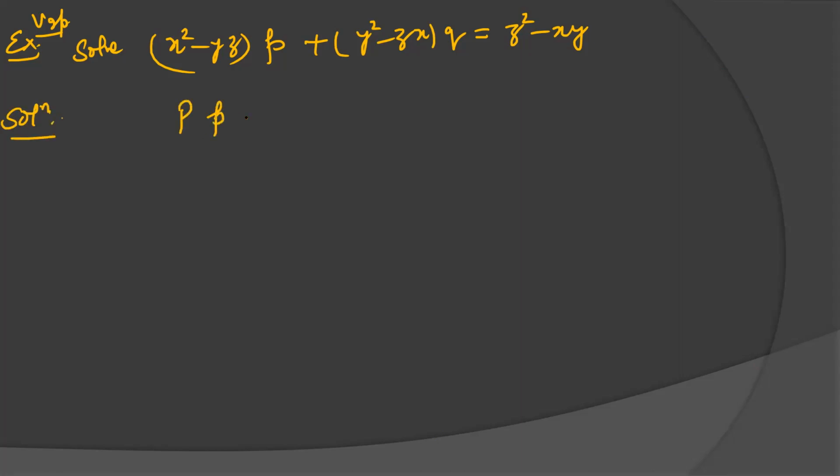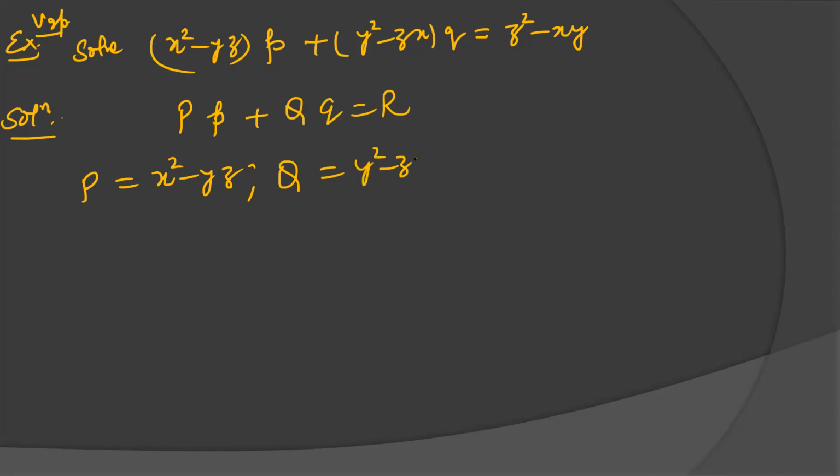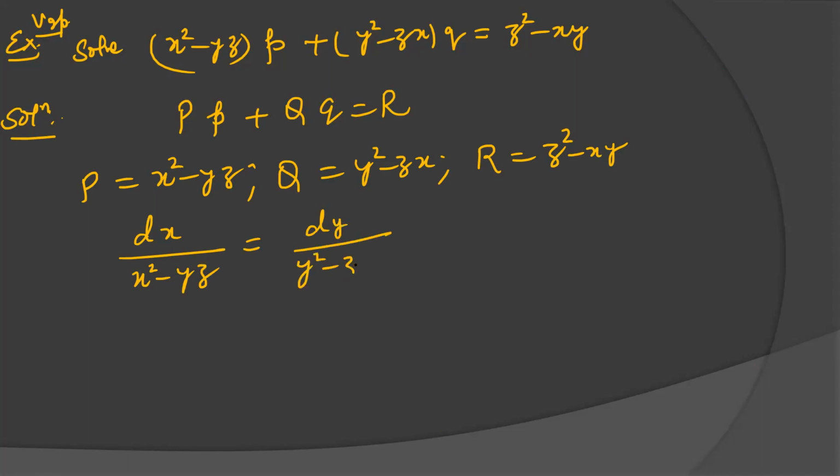This can be written as P p plus Q q equal to capital R. So capital P is x square minus yz, capital Q is y square minus zx, capital R is z square minus xy. So dx over x square minus yz, dy over y square minus zx, and dz over z square minus xy.